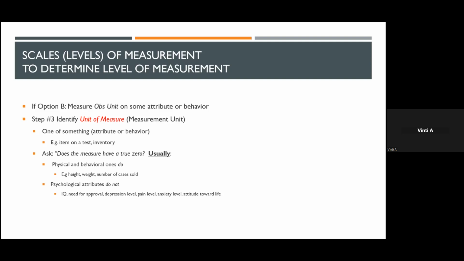For example, psychological attributes like approval, depression level, anxiety level, pain level, attitude towards life. These all have a measurement aspect, but they may not have a true zero, and therefore we call them interval scales. Okay, everybody clear with this?